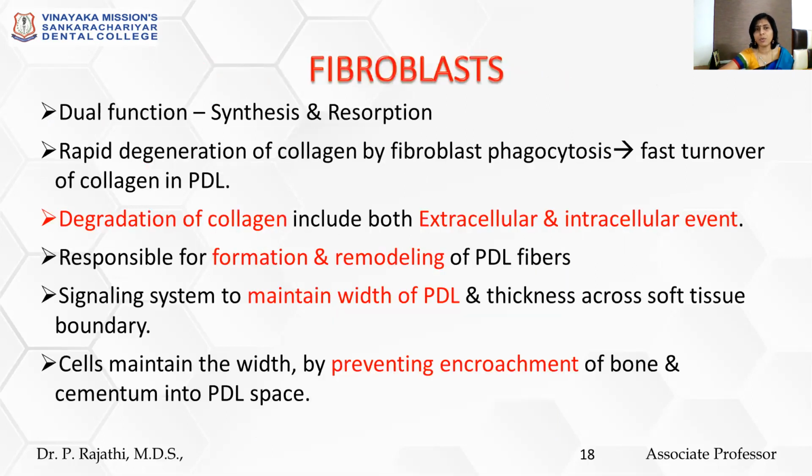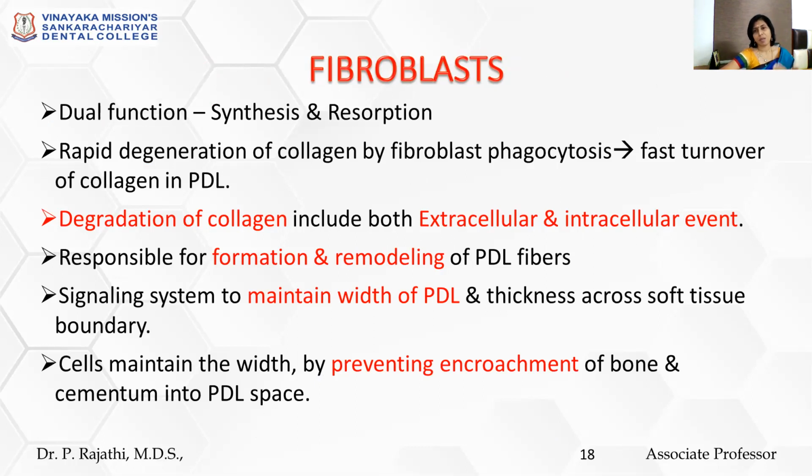Now coming to fibroblast. I've already said fibroblast cells are the cells which are going to have dual function, that is both synthesis and resorption or degradation of the collagen. So rapid degeneration of collagen is going to occur by fibroblast phagocytosis. So this is going to result in a fast turnover of collagen within the periodontal ligament.